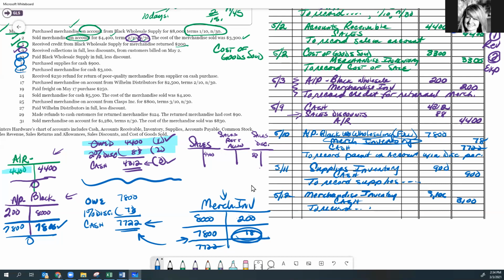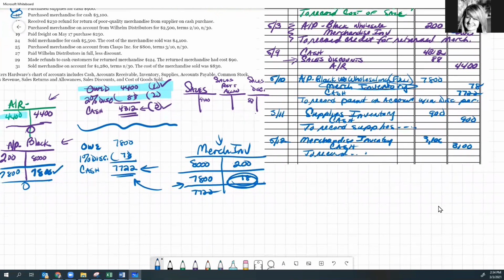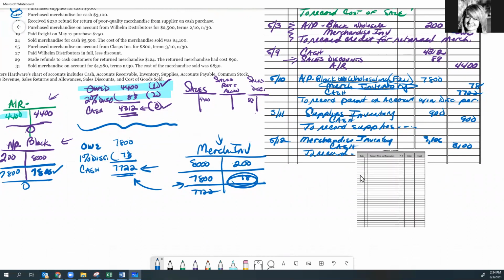All right, so we weren't quite happy. Let me copy over. Let's move this up a little bit. That'll give us some more room. I think I can move this. Just move it over here. Okay, perfect. And we need another journal entry. This is going to be just a little bit tricky here.